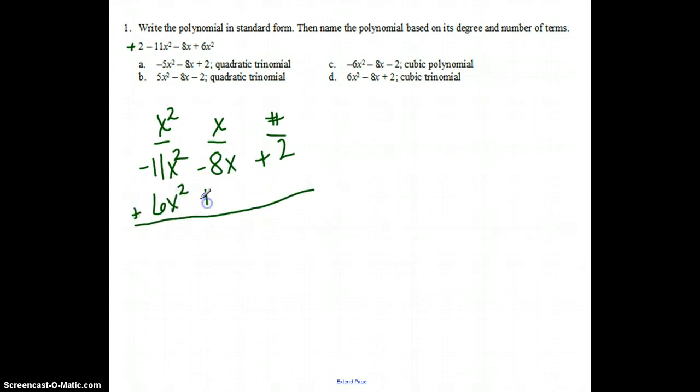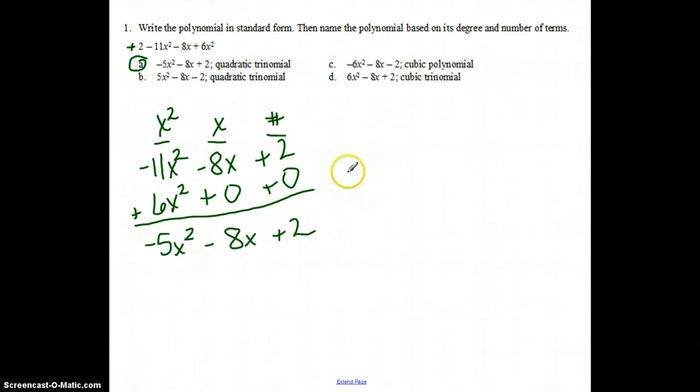Now if I'm totaling these, I might add zeros in these spots just to keep everything lined up. So this would be negative 5x squared minus 8x plus 2. Now, knowing just that piece of it, I think that my answer is going to be A. So let's talk about naming it.